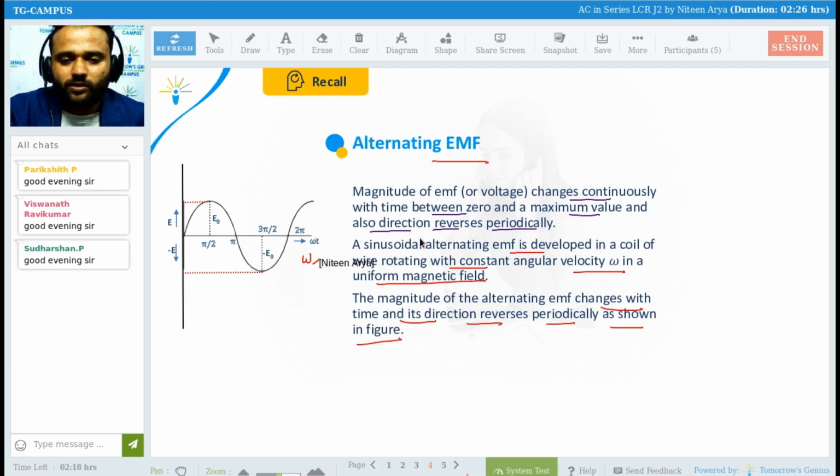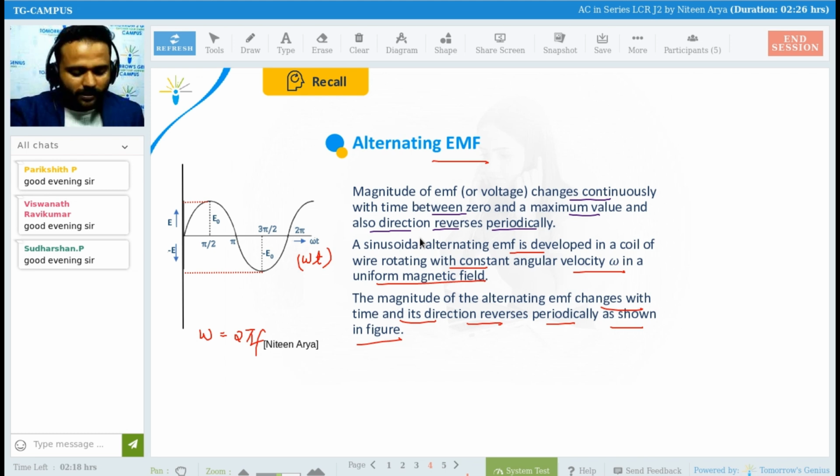So this is omega t, or simply t, and this omega is nothing but the angular frequency, 2 pi f. Whenever a coil is rotated, this omega is the rotating velocity also. Clear, everyone? Is this clear now? We already did that.